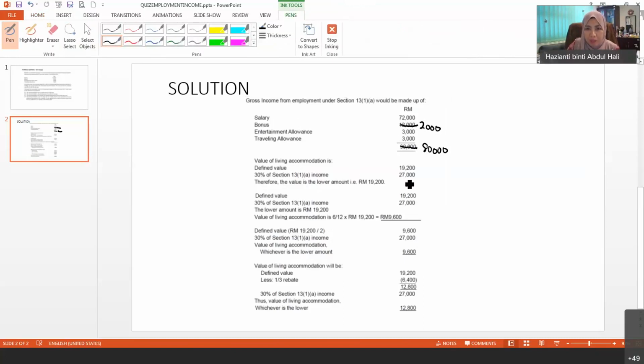Right. Berapa you dapat kat sini? 30% from 80,000? Untuk yang A tu ya, madam. 24,000. Okay. So this one should be 24 juga. Section 31A tu salah tu. Okay. Sekejap saya tukar nombor ni dulu.